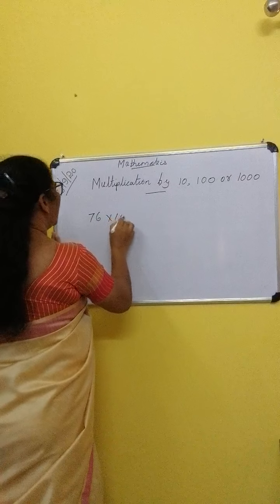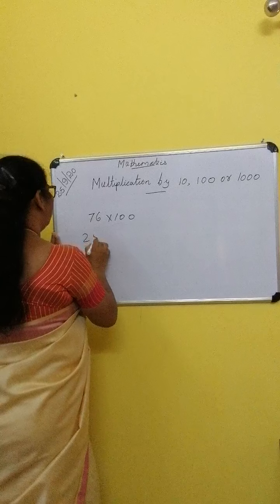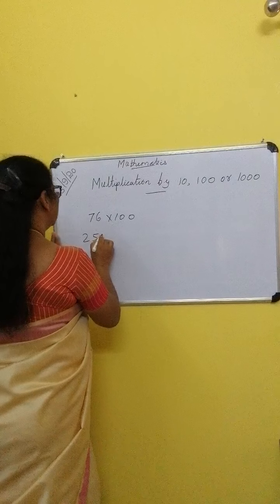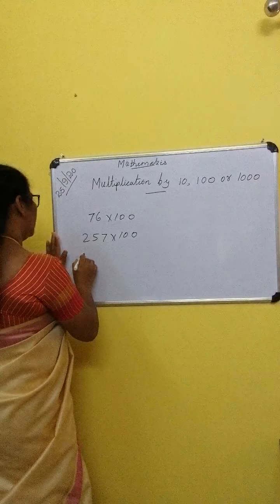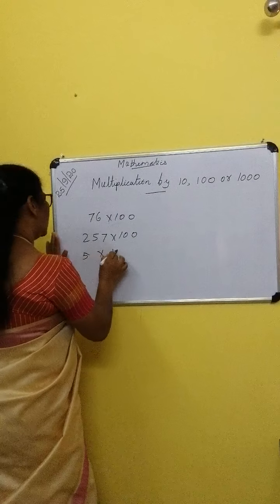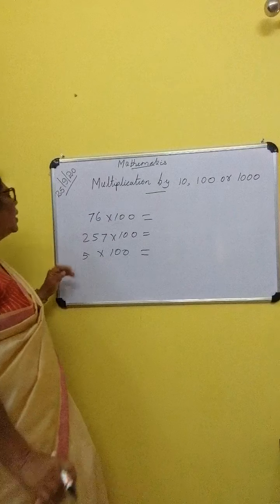76 into 100, 257 into 100, 5 into 100. How are we getting the answer?